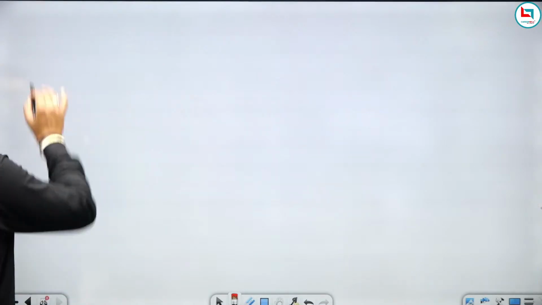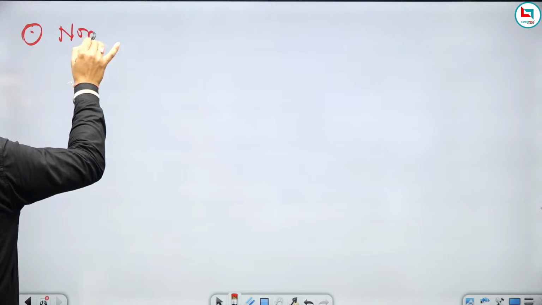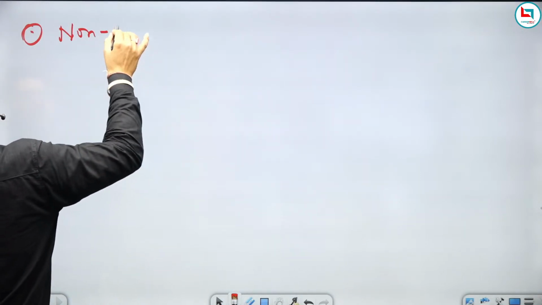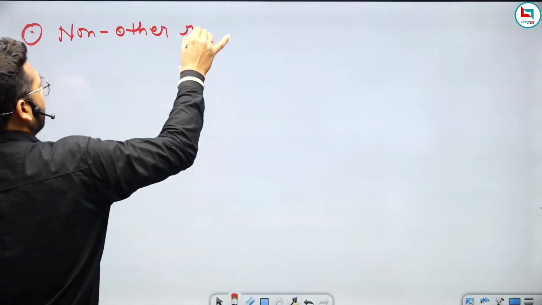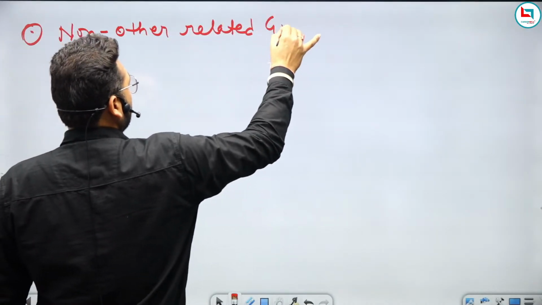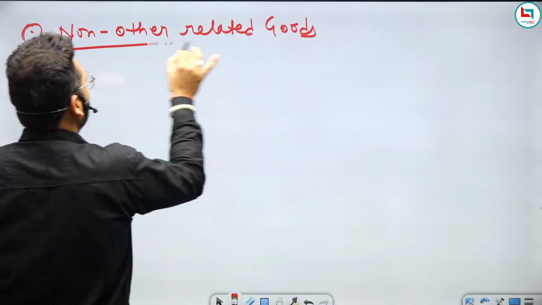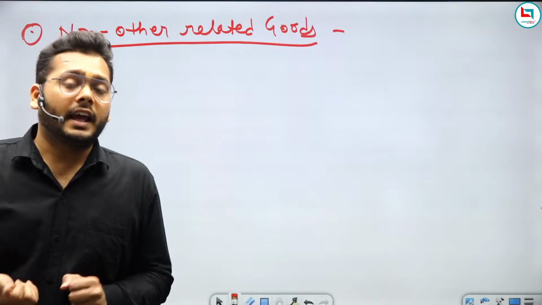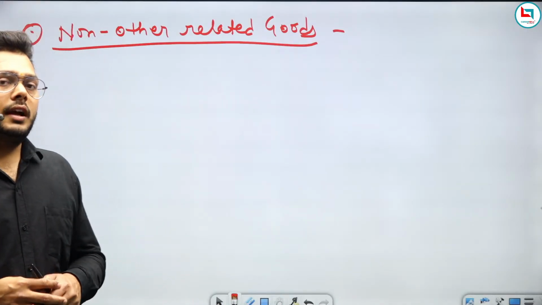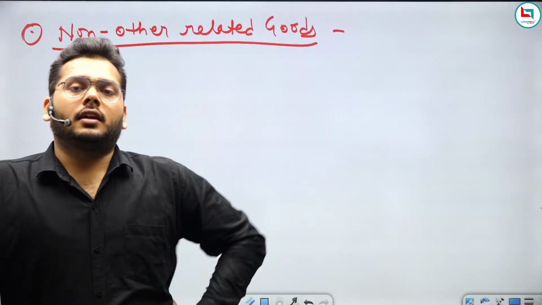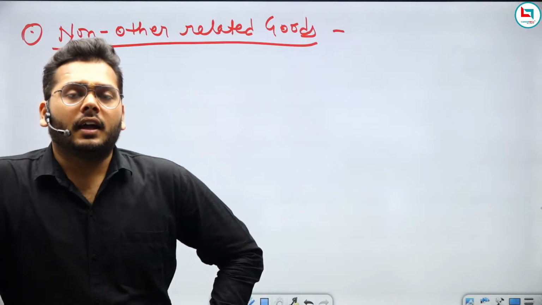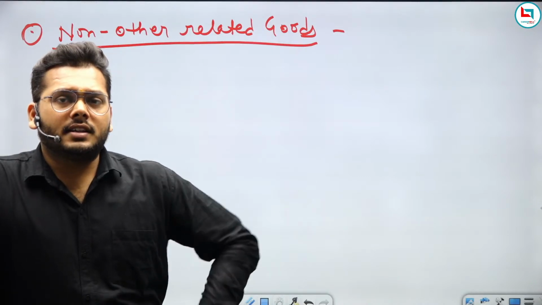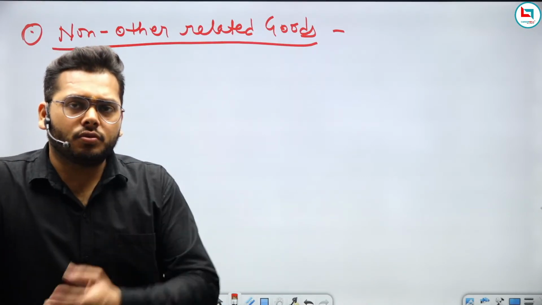And the last one is non-related goods. It means there is no relation between the two goods. Like if the prices of shoes are high, is there any possibility that it will impact the purchase of chairs? Is there any relation between chair and shoes?